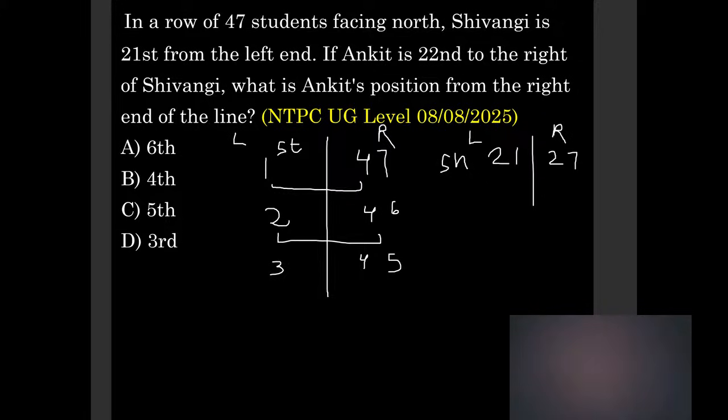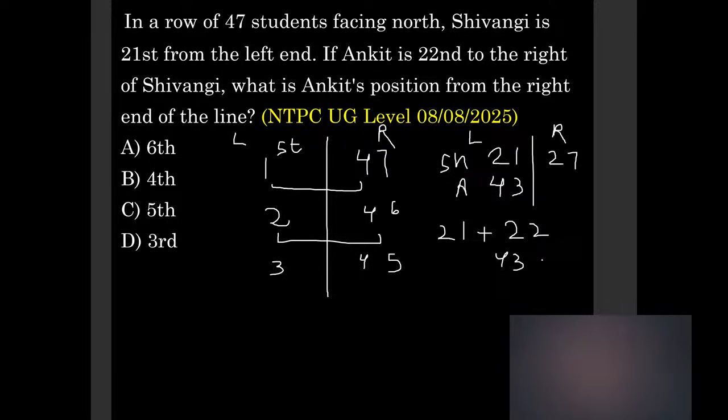So 21 plus 22 is equal to 43. So Ankit is 43rd from the left hand side, because 21 plus 22 gives us 43.